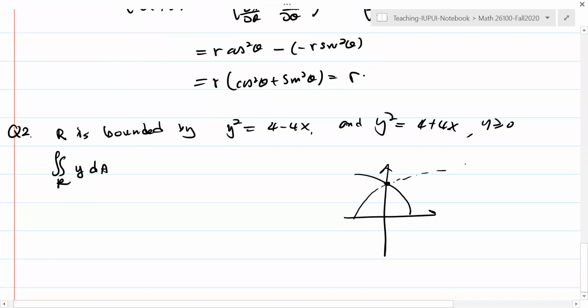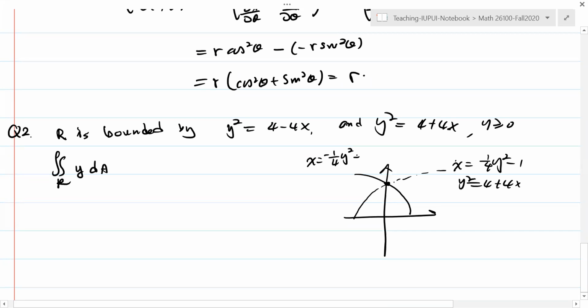You can write it in the following way: x equals a quarter of y squared minus 1. It's the same as y squared equals 4 plus 4x.